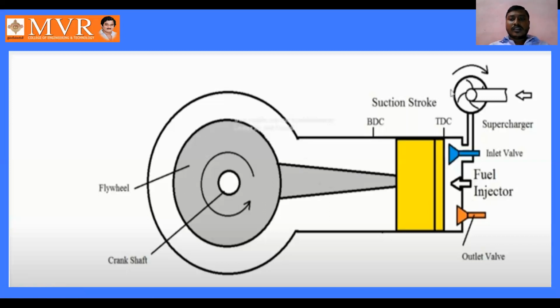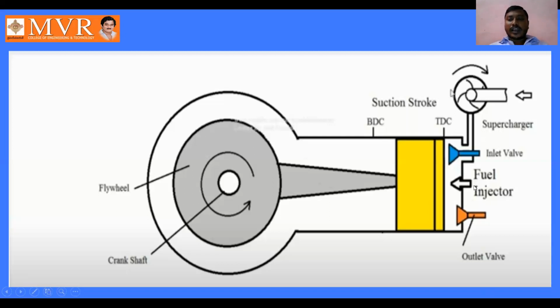We all know the four working processes: when the inlet valve opens, the air enters into the engine cylinder. At that time, the supercharger also forces pressurized air into the engine cylinder. As the supercharger forces the air in, the output and efficiency of the engine are going to be increased.